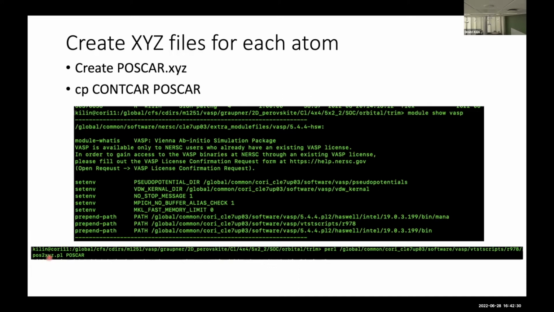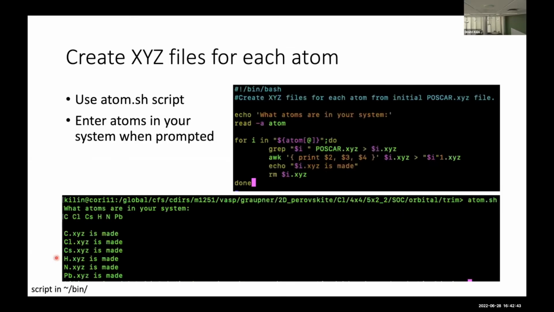Using that directory, there's a postcard to XYZ script that we can use to create the postcard.xyz file, and then you can run the atom.sh script, and it will request that you enter in the atoms in your model.